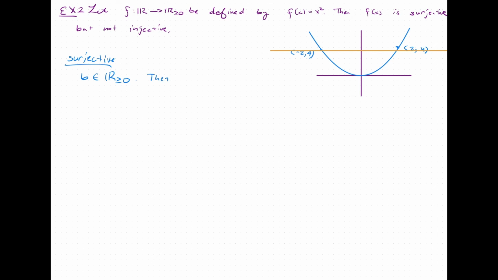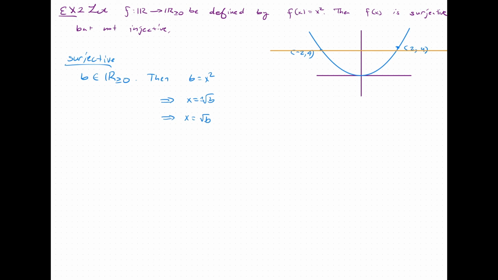Then we want to set b equal to x squared. So again, we're assuming the conclusion. And taking the square root tells us that x is equal to the square root of b, plus or minus. And now we have to only choose one. So we can take x equal to the square root of b.